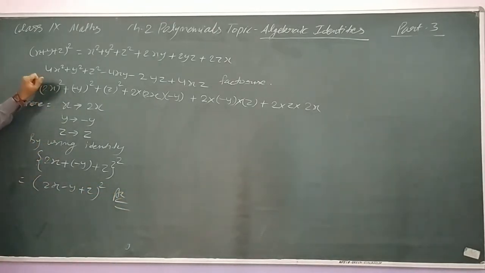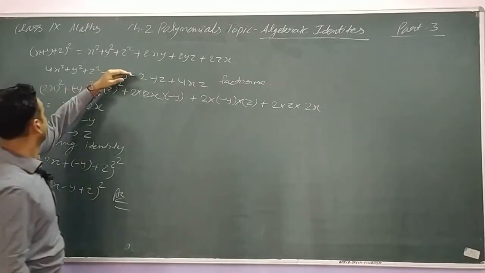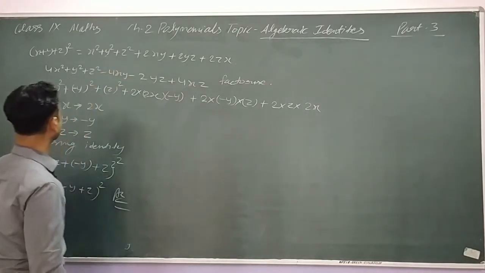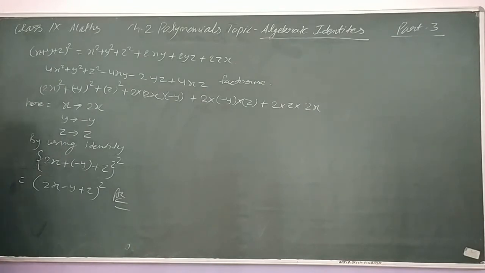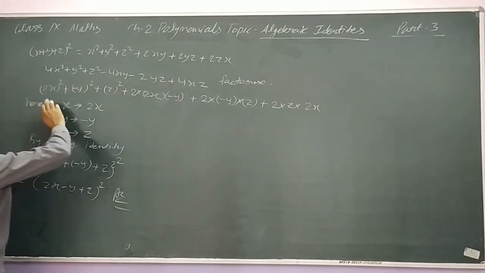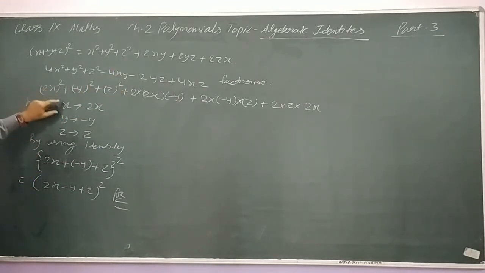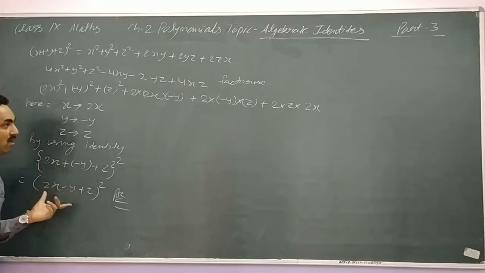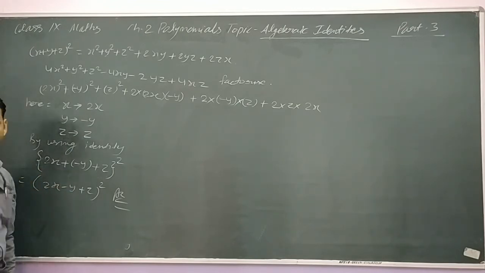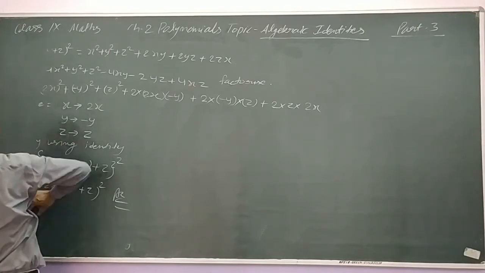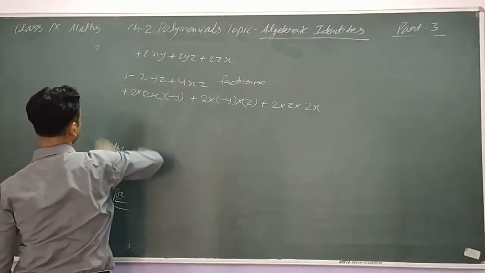You have to set the question in the form of the identity's RHS, identify the exact variables, and then change it into the LHS form. So this was the use of our identity (x + y + z) whole square.